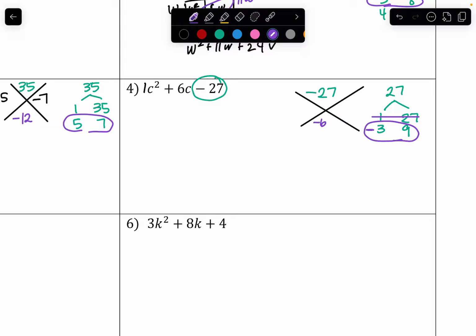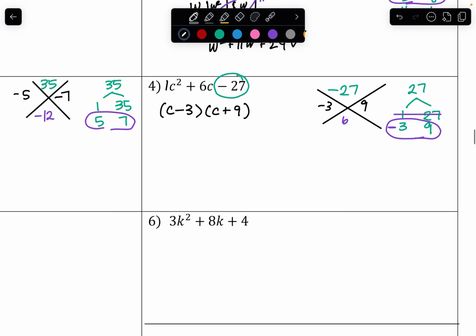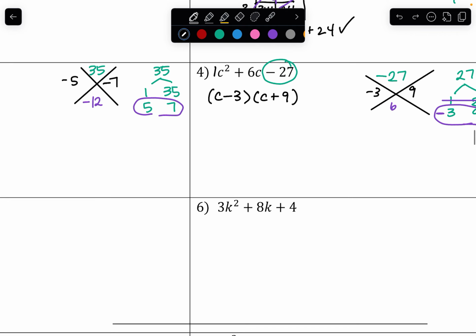If this were a negative 6, we would have made the 9 negative. So it has to be negative 3 and positive 9. So that means my factors are c minus 3 and c plus 9. It matters which one is positive or negative, because then it wouldn't add to 6 in the middle.